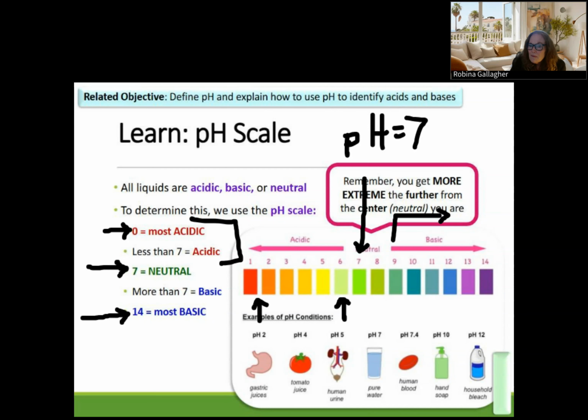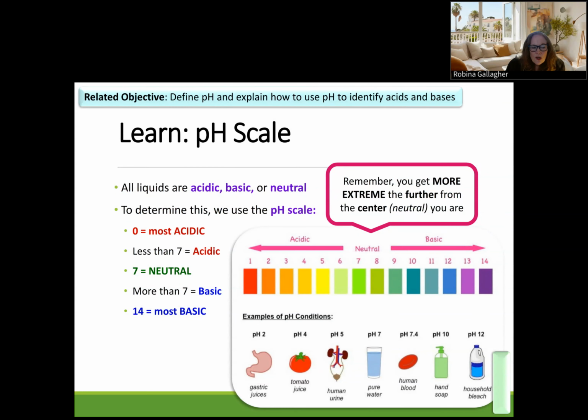Same thing on the other side with bases. If you have something that's a pH 8 or 9, that's only slightly basic, whereas a pH of 13 or 14 is highly basic. Remember that acids donate hydrogen cations and bases donate hydroxides to water.